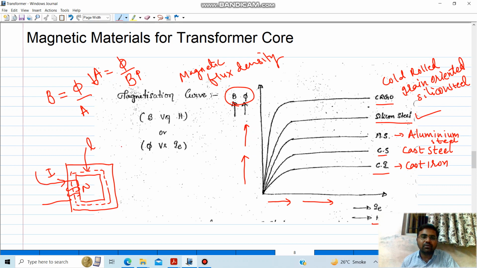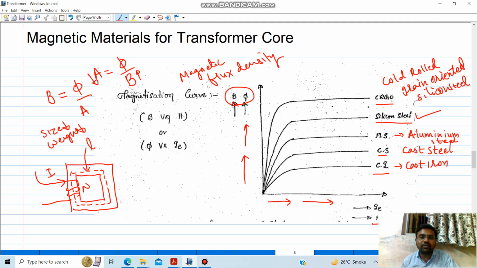If core size decreases, then your cost also will decrease, and the weight of the transformer also will be reduced. That's why it is always preferred to choose a higher flux density core material, in which CRGO and silicon steel majorly fall.